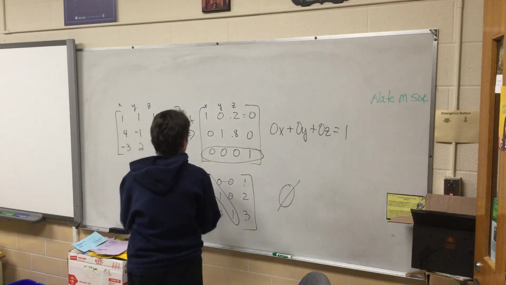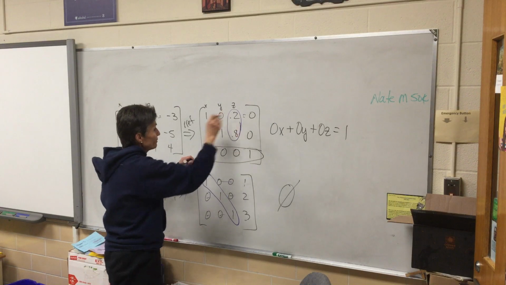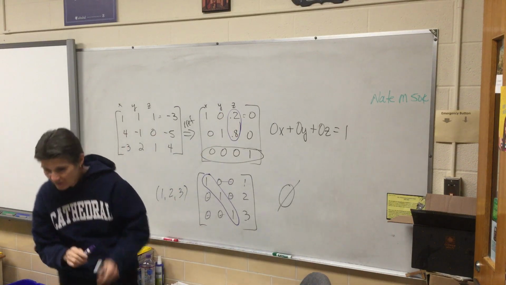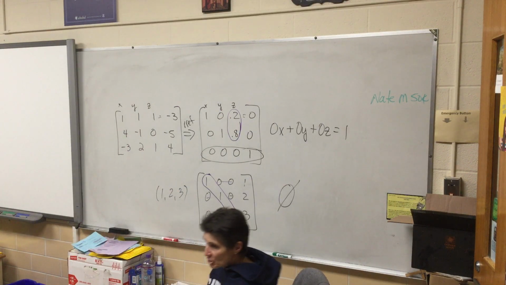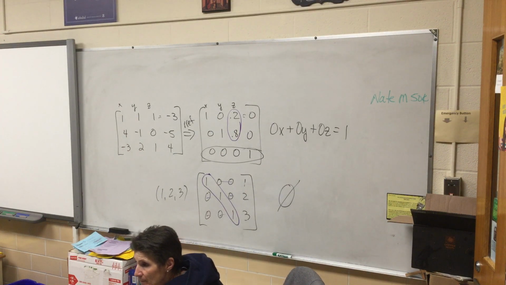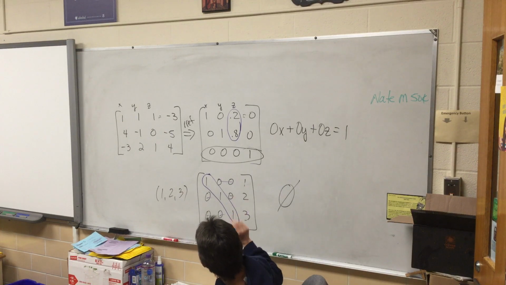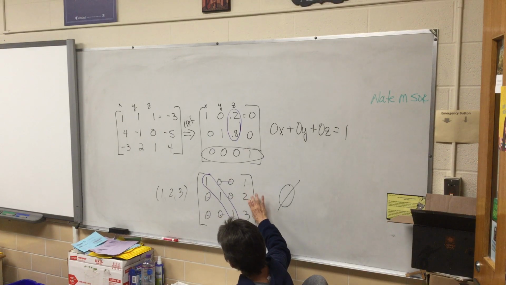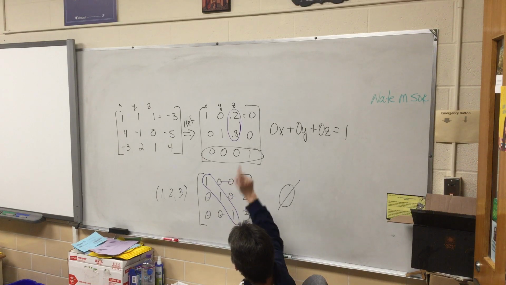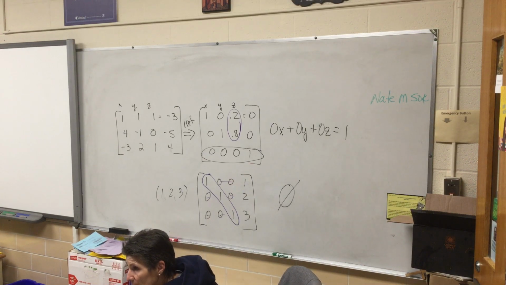As soon as I saw these numbers right here, I knew something was fishy, because those are supposed to be 0s if it looks like it's supposed to. So even though the calculator does all the work, you got to be smart enough to recognize whether you're going to get an answer like we did here, this would be an answer, or if you get no answer.